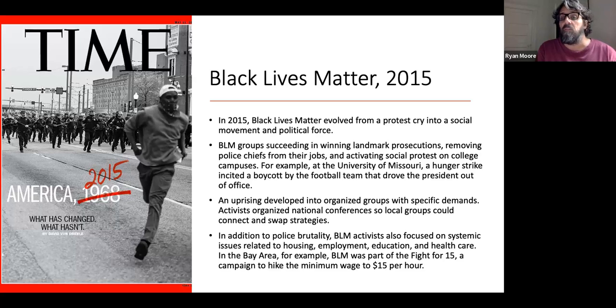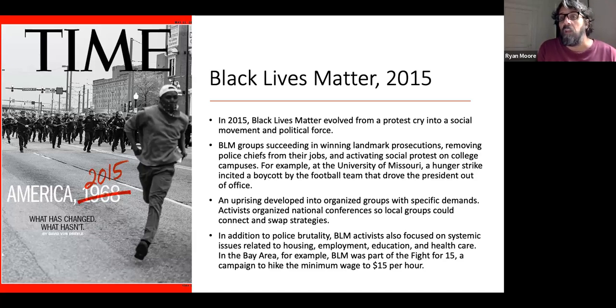So, for example, at the University of Missouri, there's a hunger strike and a boycott by the football team, and that drove the university president out of office. So an uprising had developed into organized groups with specific demands. Activists were organizing national conferences now so that local groups could connect and swap strategies.